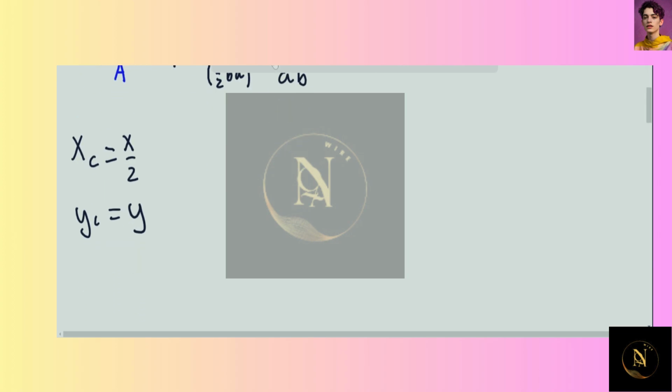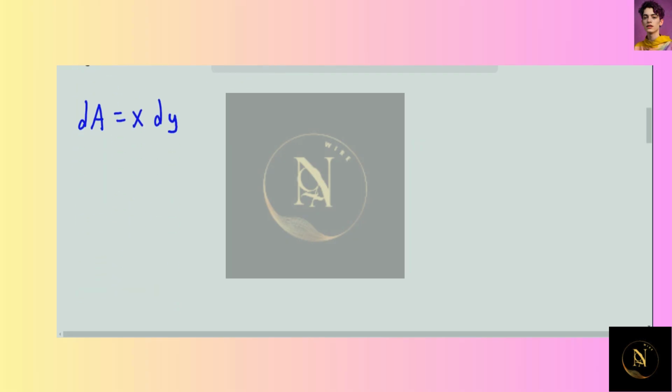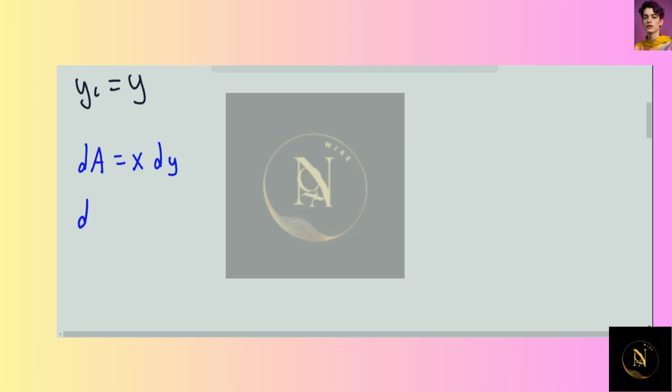So now we're going to write that the area of that rectangular element is going to be equal to dA, which is equal to x times dy. And we're also going to write that the moment of inertia in the xy direction is equal to x of c times y of c times dA.